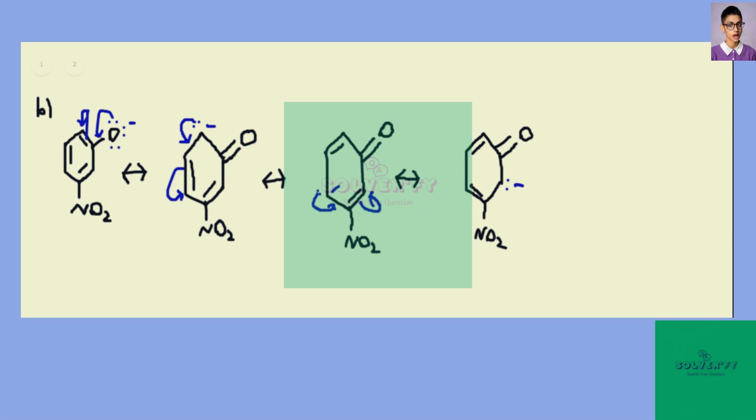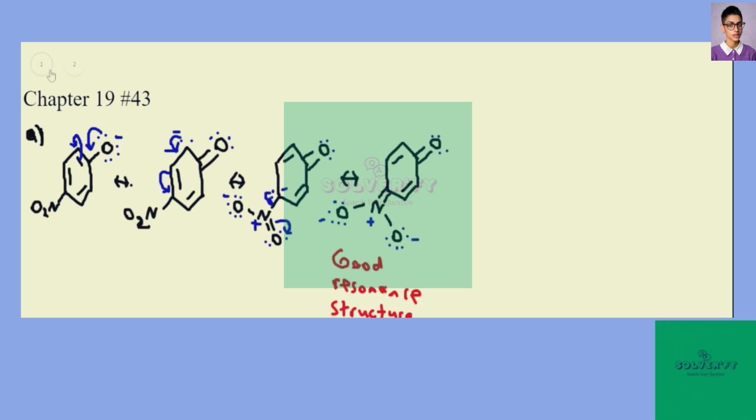And so we don't get the super stabilizing effect of the nitro group that we see in para-nitrophenol. And so that's why meta-nitrophenol is not as strong of an acid as para-nitrophenol. And so this is the answer to Chapter 19, problem number 43.